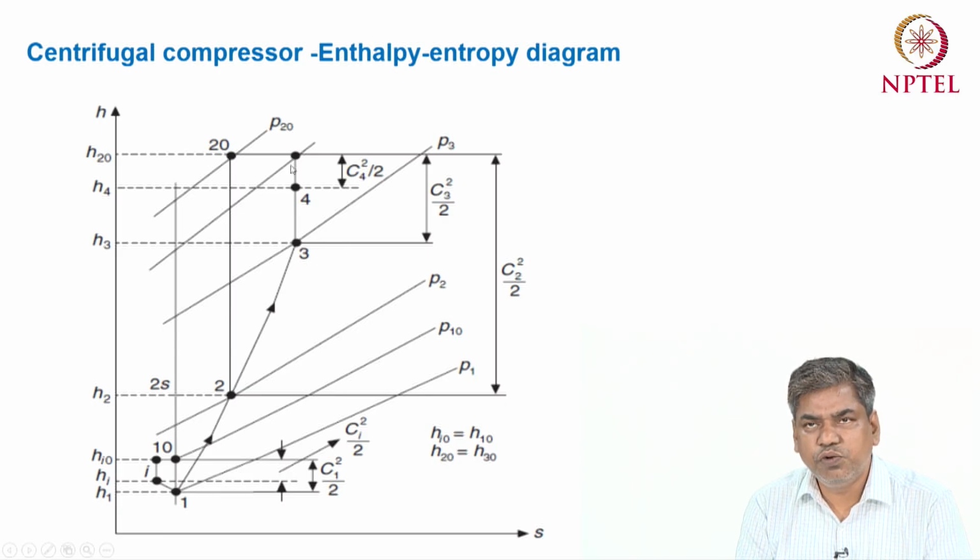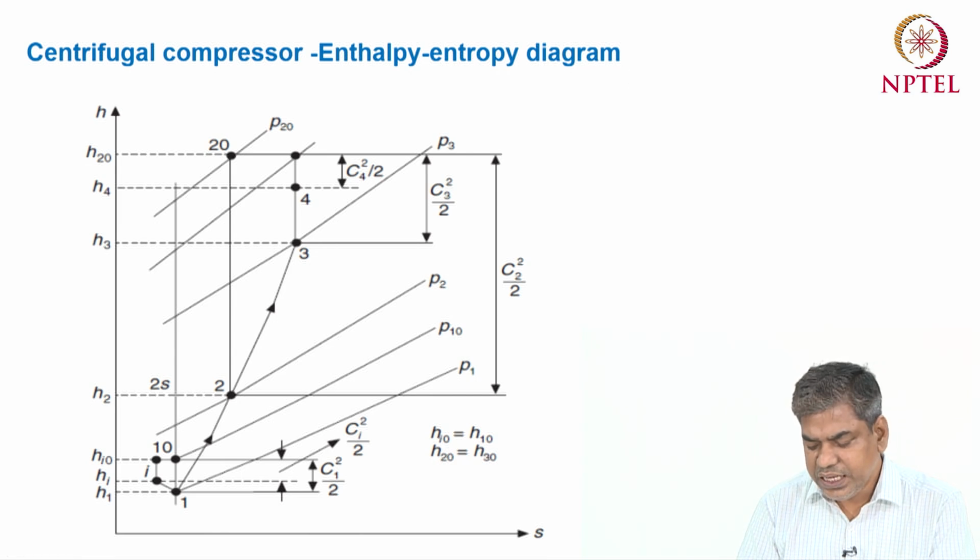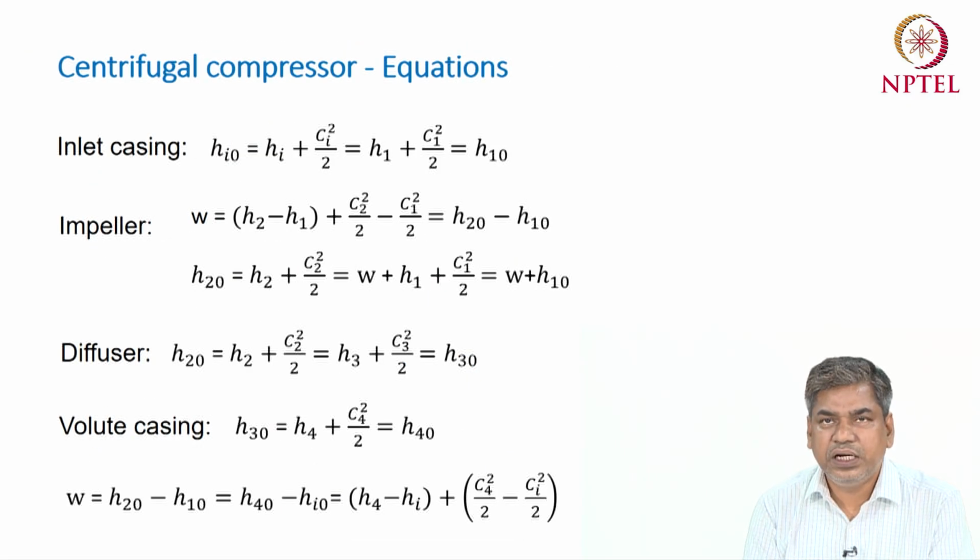Then 3 to 4 occurs through the outlet vane or volute casing of the compressor. So 1 is the inlet condition of the refrigerant and 4 is the outlet condition of the refrigerant in a centrifugal compressor.